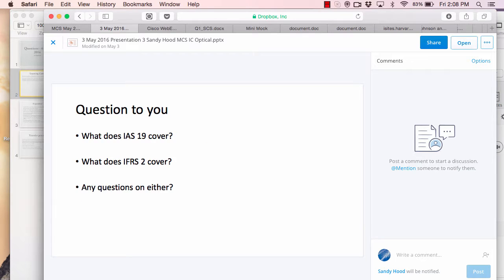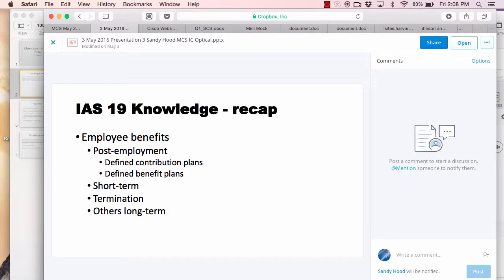Yeah. So they're looking at post-employment, short-term, termination, and other long-term benefits. And how you record it, and where do you want to record it? Where would you record this information?